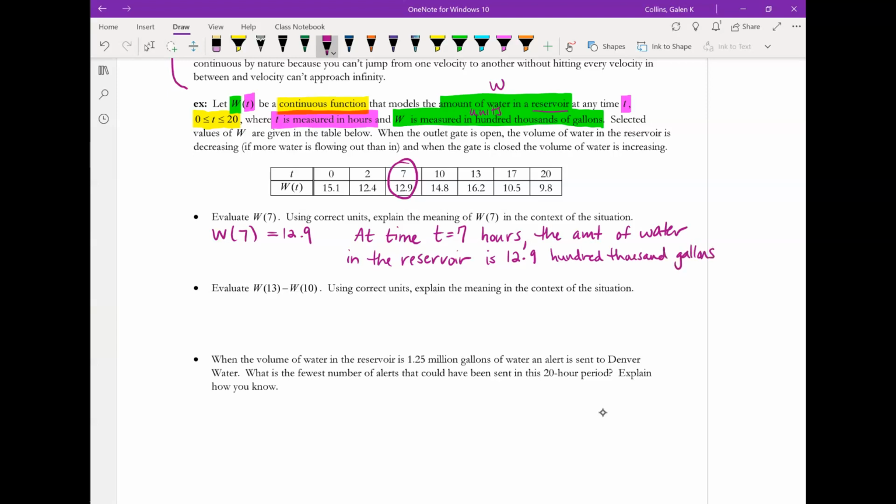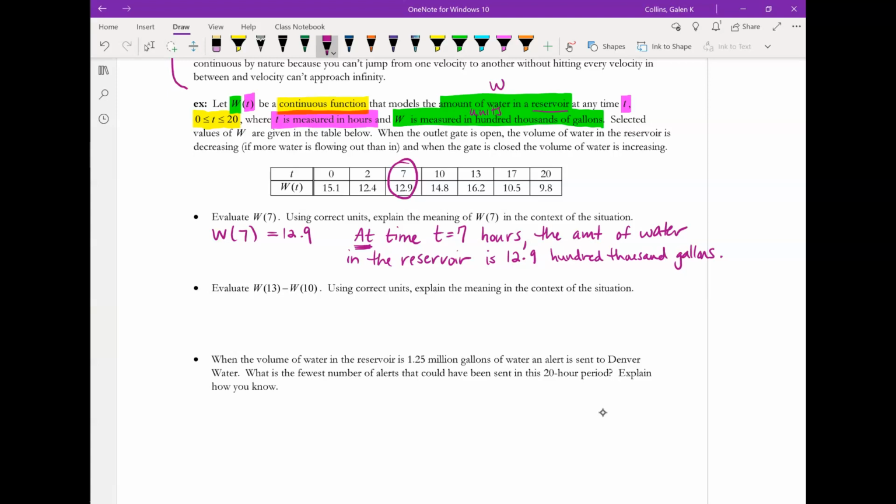To avoid a silly mistake where you try to write this out as 12,900,000 gallons and you expand that number to get rid of the decimal, that's fine if you do it correctly, but I would just write it this way to avoid putting the wrong number of zeros, if that makes sense. The other thing I would be really careful about is make sure you don't use a word like after.